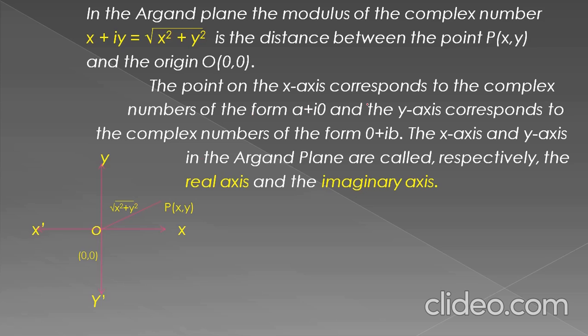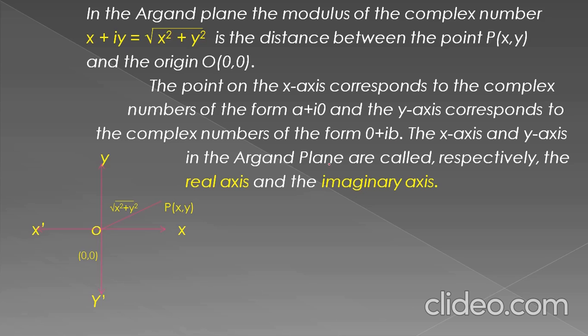The point on the x-axis corresponds to a complex number of the form a plus iota 0. If a point is lying on the x-axis, then its imaginary part will be 0. In the same way, if a point lies on the y-axis, then its real part will be 0.